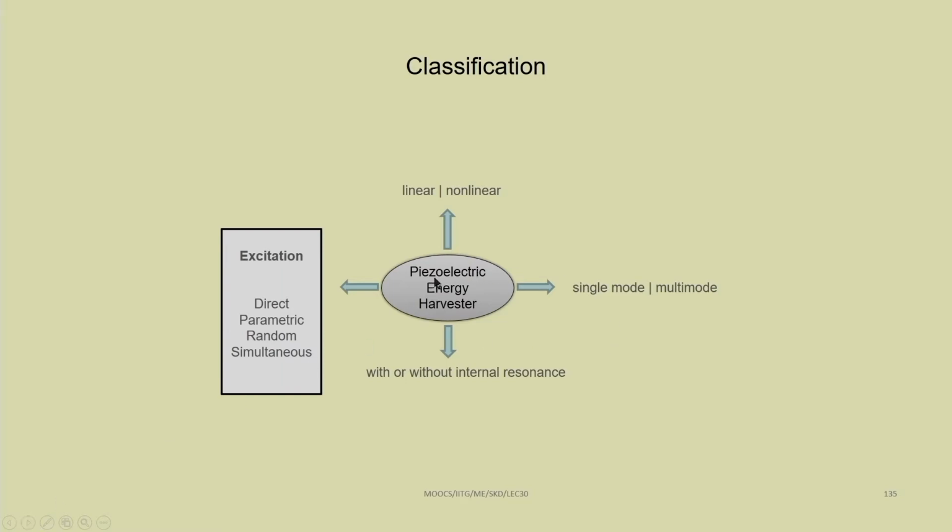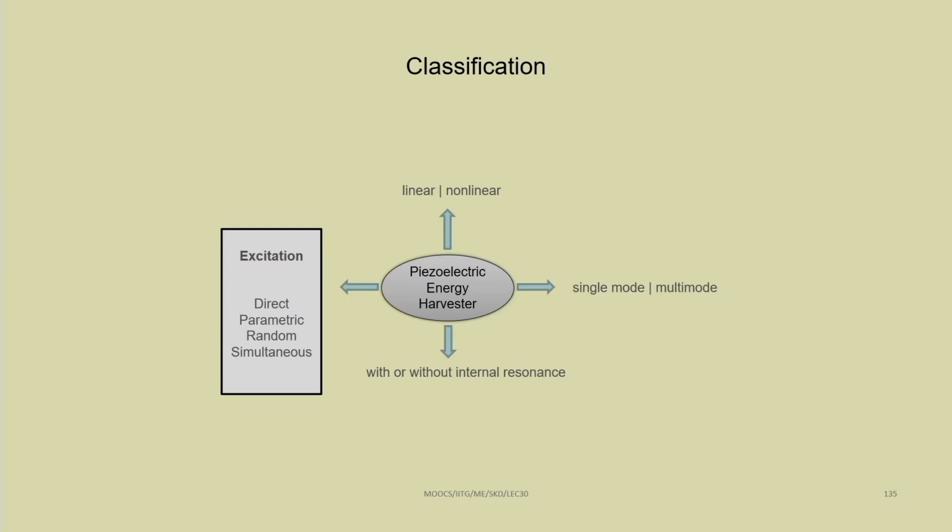So, we have an energy harvesting system, and the system study may be linear, though actually the system is nonlinear. Many times it can be studied as a linear system. Sometimes a few researchers have taken it as a nonlinear system, with or without internal resonance conditions.